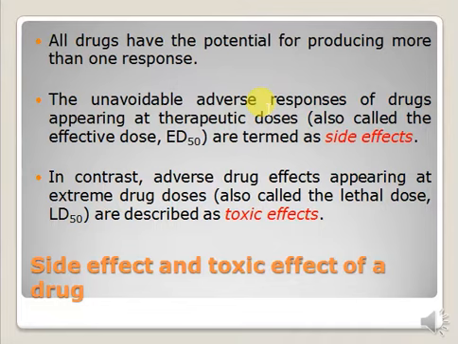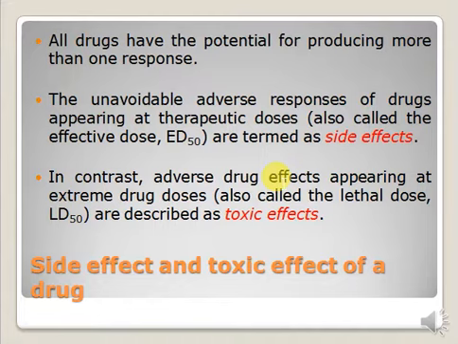So ED50 was the effective dose at which 50% of the test animals were cured, while the lethal dose is called the LD50, and at LD50, 50% of the population suffer the consequences of the adverse effects of the drug, right? So when you take the drug at very extreme high doses, the adverse effects you face are known as the toxic effects.